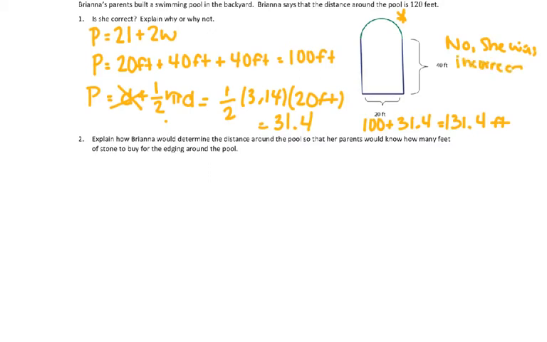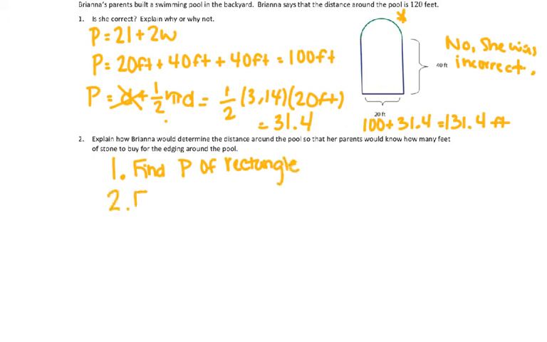Let's look at the second problem here. It says, explain how Brianna would determine the distance around the pool so that her parents would know how many feet of stone to buy for the edging around the pool. So we would first need to find the perimeter of the rectangle. That was our first step.